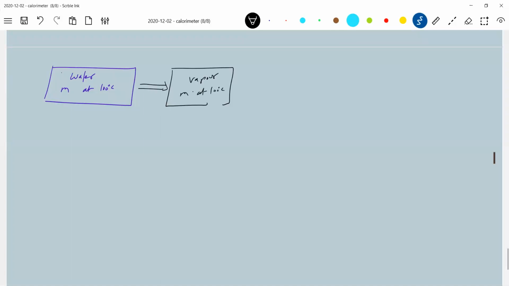So for this, I'm going to supply heat here. So shall we call this vaporization? In this case, what is the Q? Mass of water into latent heat of vaporization. What is LV?